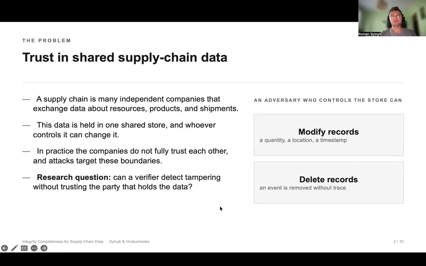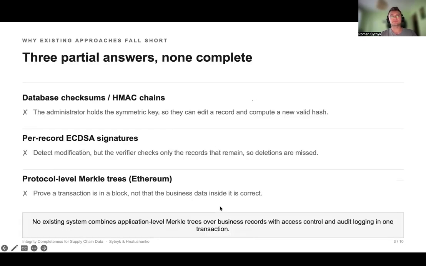It can also delete records, and in that case, the event is removed without any trace from the database. In practice, the companies in a supply chain often don't trust each other, and attacks target these boundaries between organizations. The research question is the following: can a verifier detect tampering when it doesn't trust the party that holds the data?